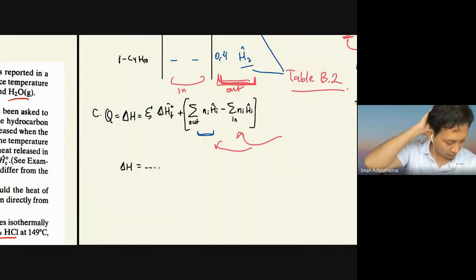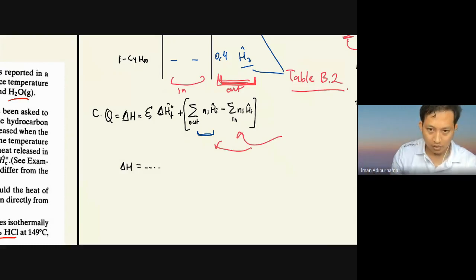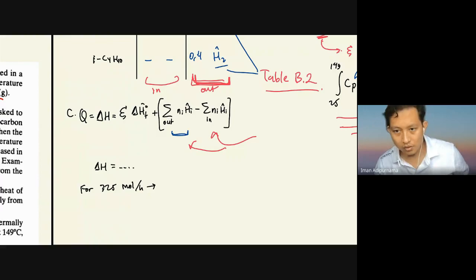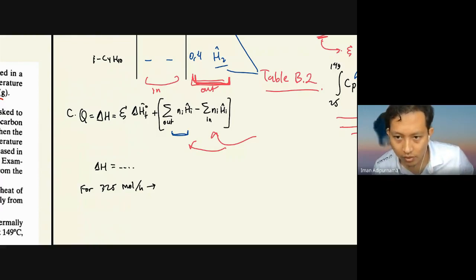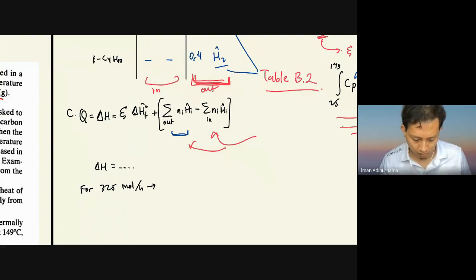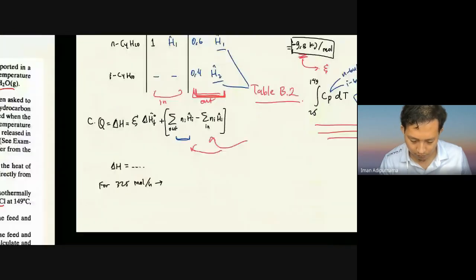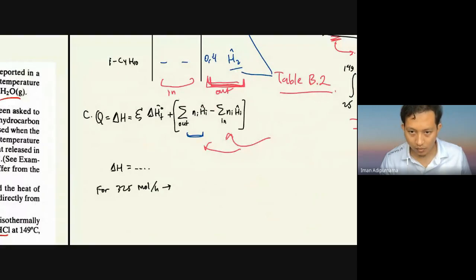And then it's asking, determine the required heat transfer rate for a reactor feed of 325 mole per hour. So we can compute this.